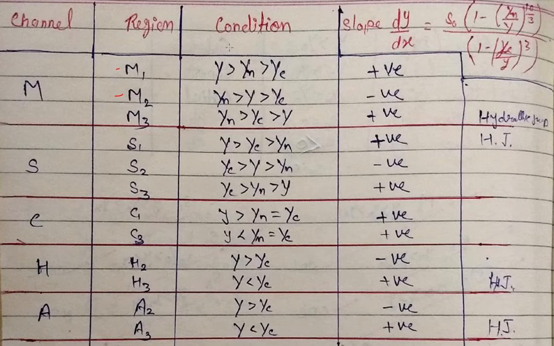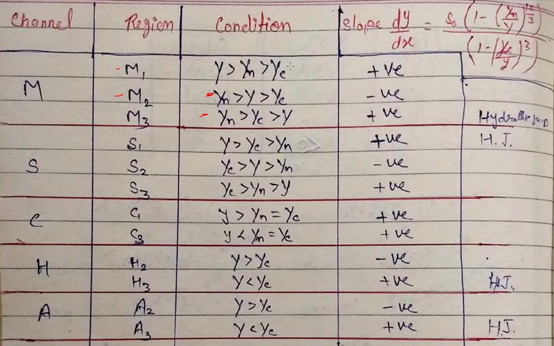First we see the slope of the energy line is greater than the slope of the bed when y is less than yn. That means SF is greater than SO.